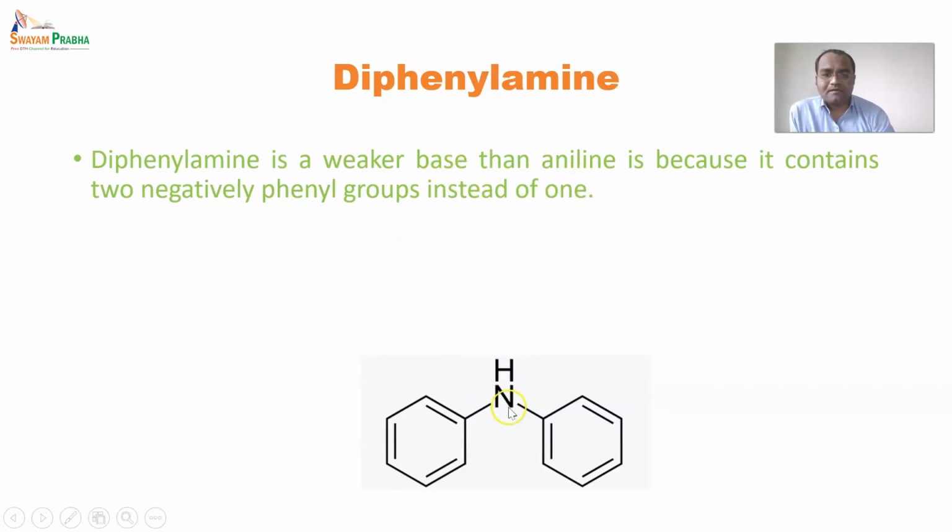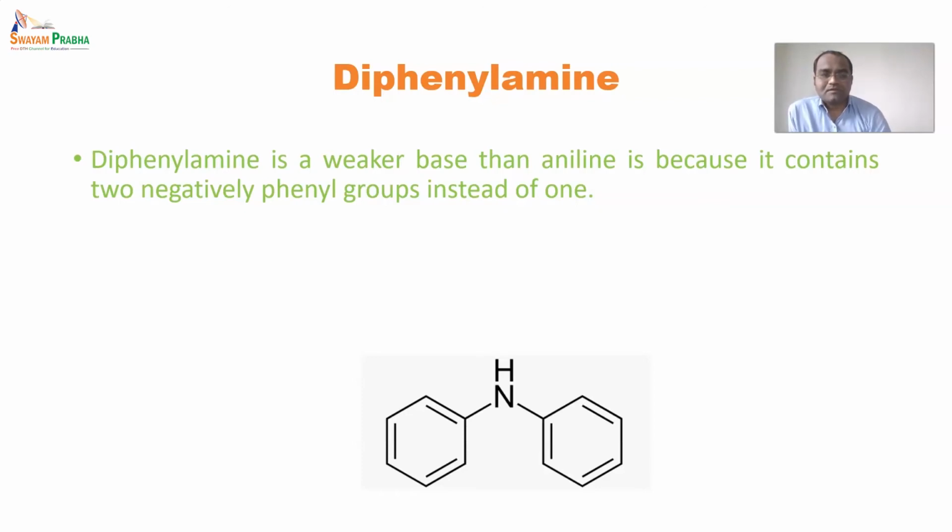When it comes to aniline, there will be no second phenyl ring; it will have a hydrogen over here and one phenyl ring. These phenyl rings abstract electrons from the nitrogen atom, making less density on the nitrogen atom.